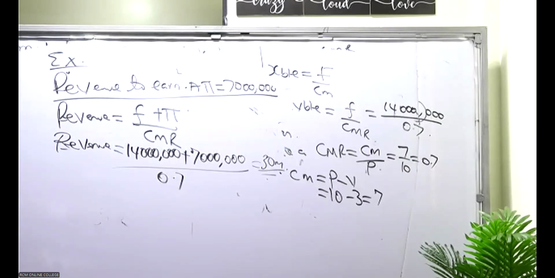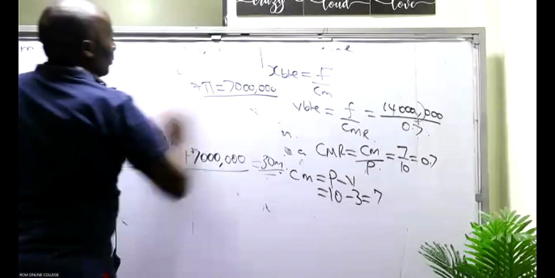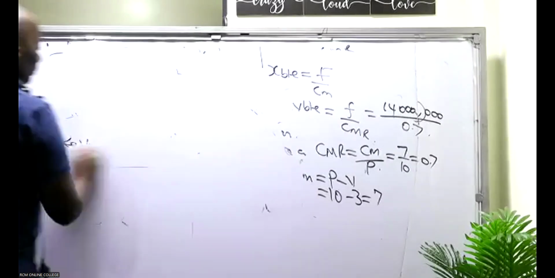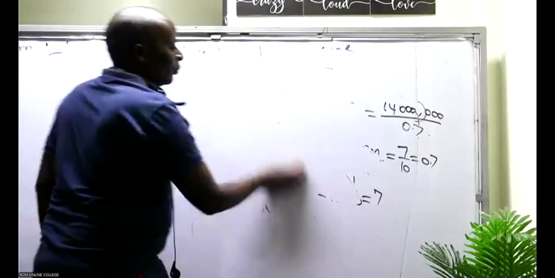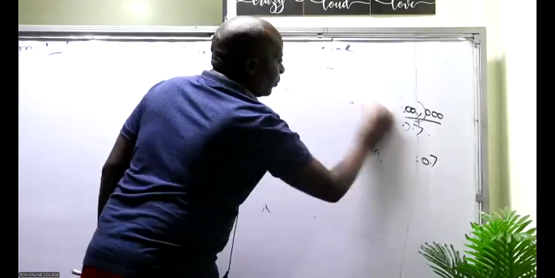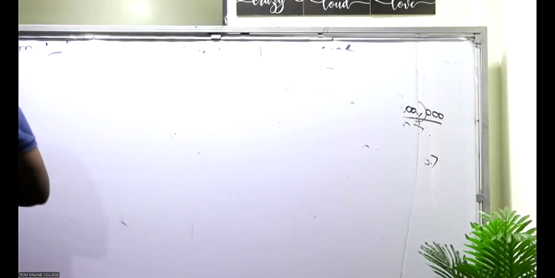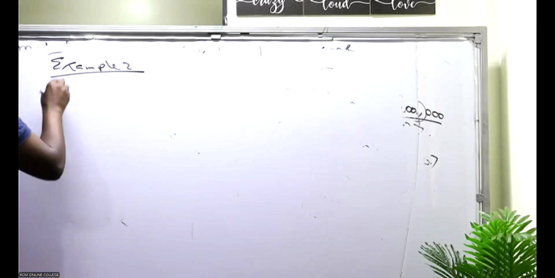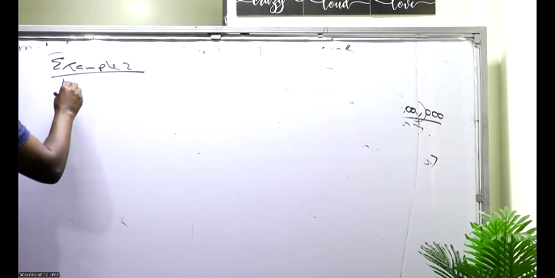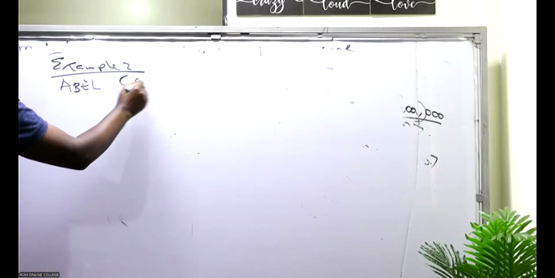So example 2, I would want us to use again Abel and Cain, the two products. Actually, I should put them like this, Abel, Cain.